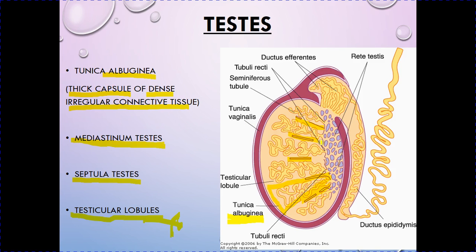From the mediastinum testis, incomplete septa arise and they divide the parenchyma into pyramidal testicular lobules. About 250 pyramidal testicular lobules are created by the septula testis.